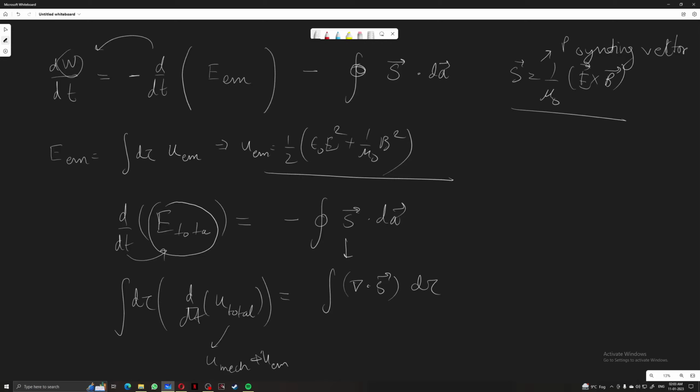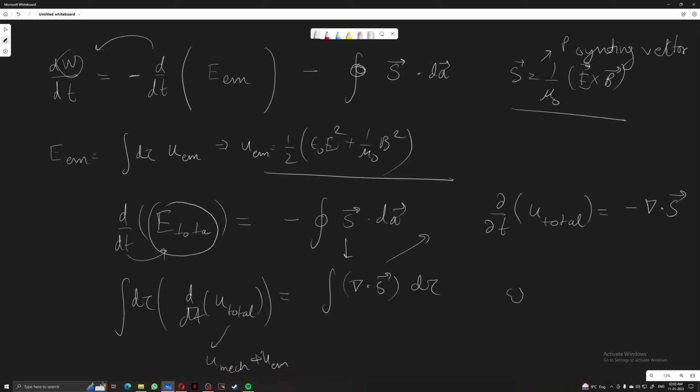So in a sense, you can write a differential equation which says that the time rate of change of the total energy density is related to the divergence of the Poynting vector.